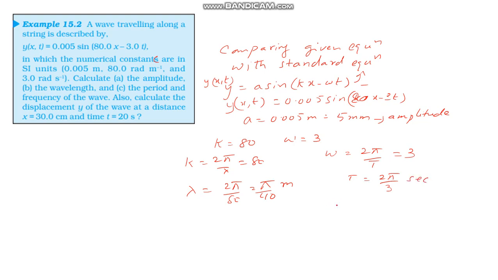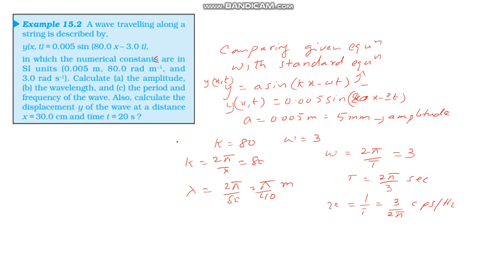What will be frequency? Frequency will be 1 by T, so it will be 3 by 2 pi cycles per second or hertz. So you got all the values. Now you have calculated period, you have calculated the frequency.